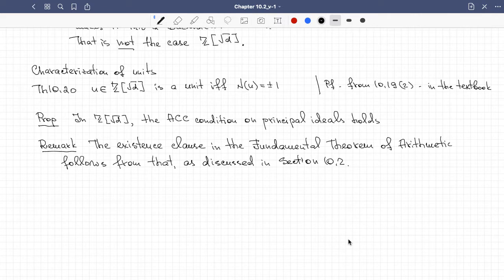There is a direct proof, alternatively: theorem 10.13 in the book provides another proof, avoiding ACC.